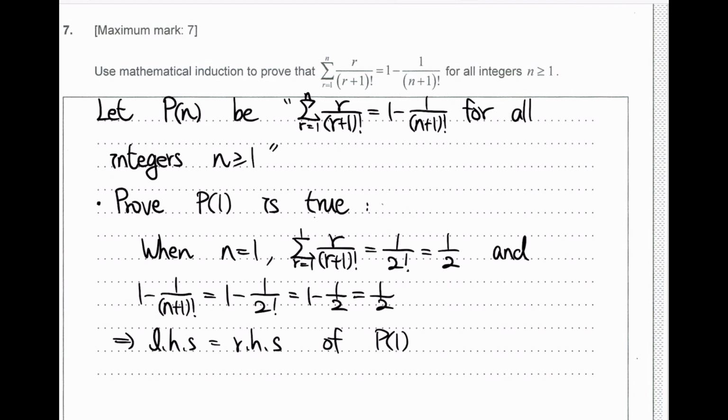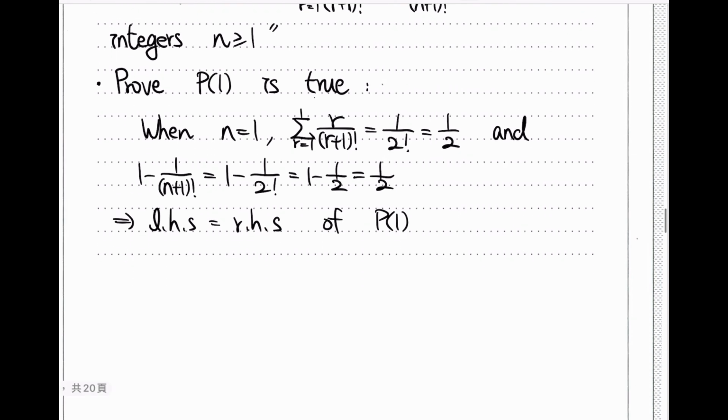Next, we want to assume that P of n is true for some integer n which is greater than 1, and then prove that P of n plus 1 is also true.